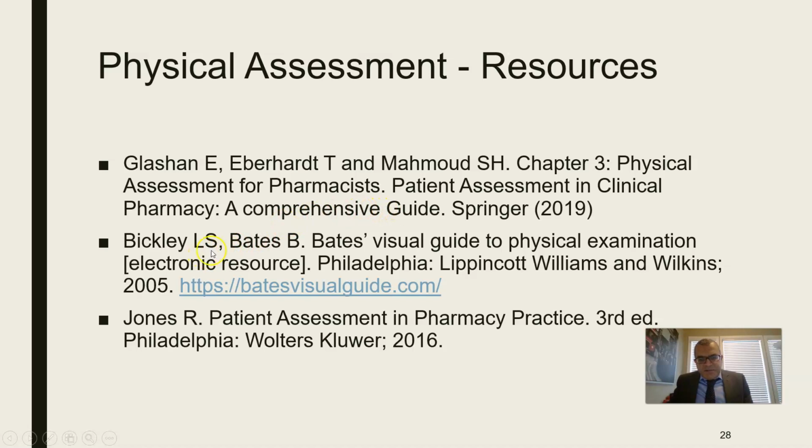Bates' Visual Guide to Physical Examination is very helpful. It contains lots of videos on how to perform physical assessments. And there's also a textbook by Jones, Patient Assessment in Pharmacy Practice. It's very helpful and contains detailed information about physical assessment.